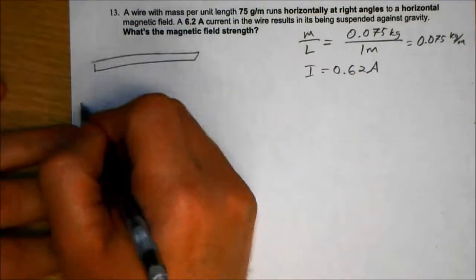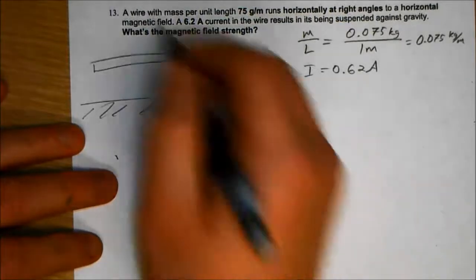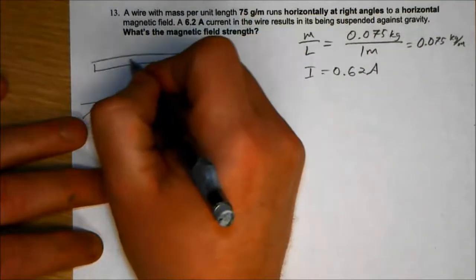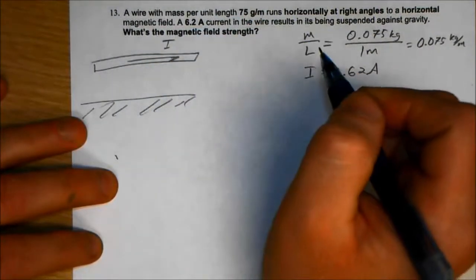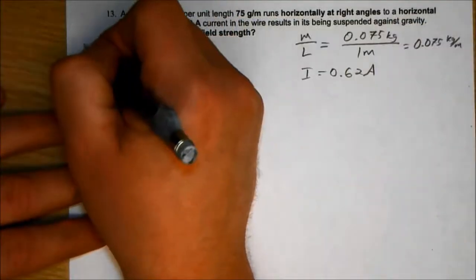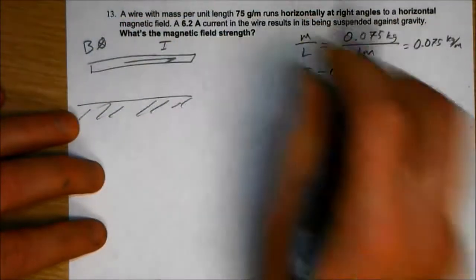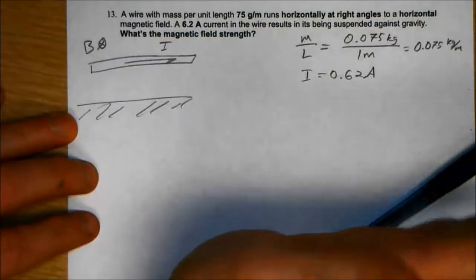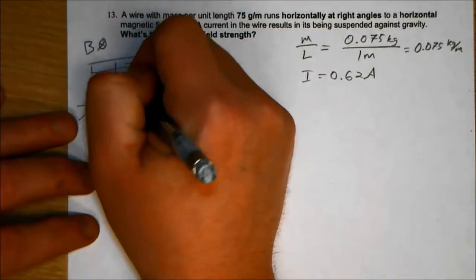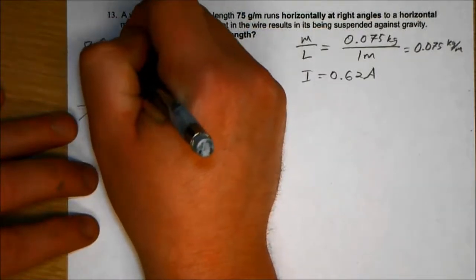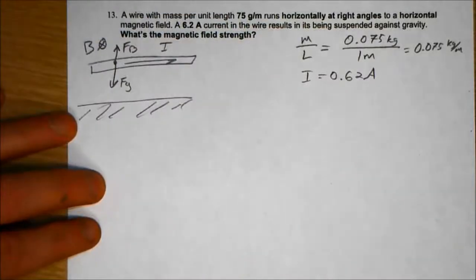This is from the side view, where let's say this is the ground. So current is in this direction. The magnetic field is therefore into the page. Like let's say this is traveling east and the magnetic field is traveling north. We have the force of gravity working on it, and we have the magnetic force working upwards.